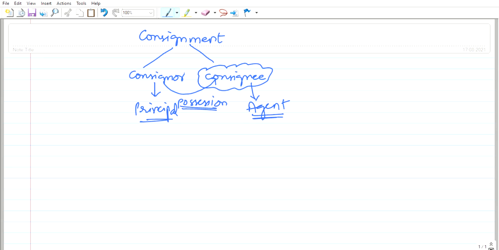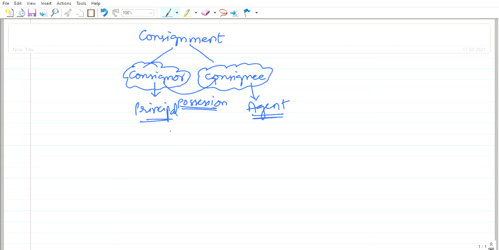Okay, my dear friends, that is the primary thing we have to understand here in this consignment business. Let us discuss now. Here we are going to see the accounts which will be prepared in the books of consignor as well as consignee.